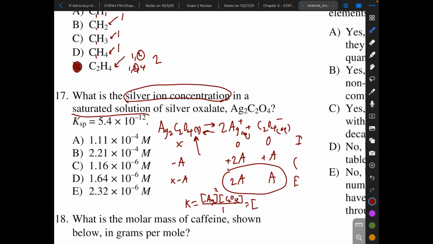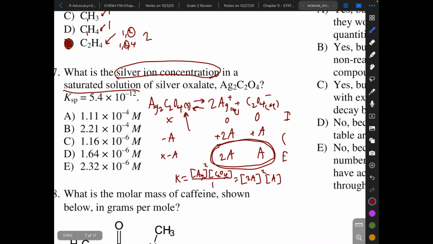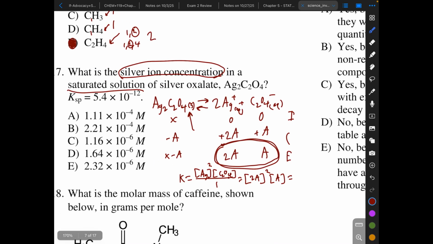So what's next? Well, let's replace the silver with 2A and the oxalate with A, because these are the concentrations that are going to appear at equilibrium. Now we have this general formula, and we can expand and multiply. We'll get 4A cubed.